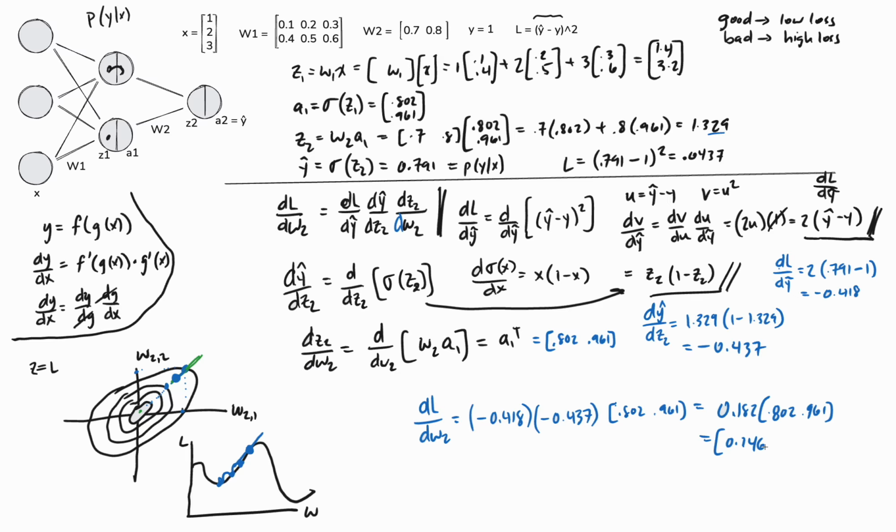Then 0.146, and then 0.175. Okay, so this is the gradient. That's what we're after. And notice it's a vector in the same space as the W2 matrix.